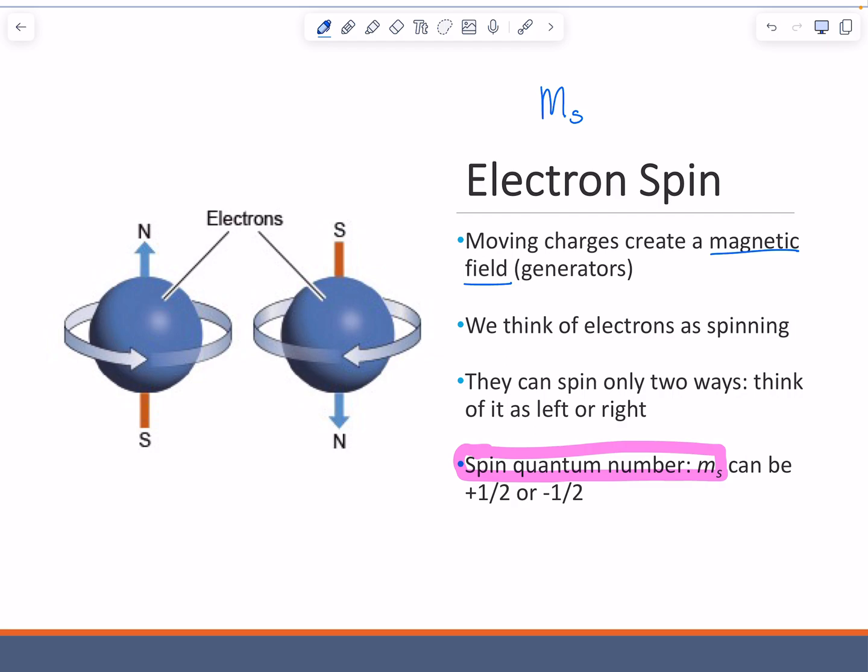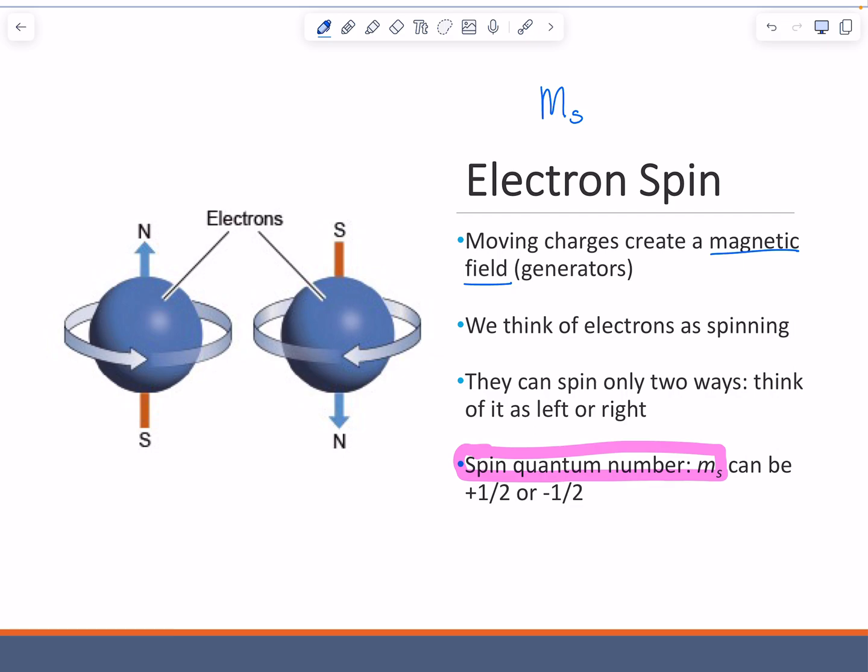But when we talk about an electron spinning, just like the Earth spins on an axis, our electrons spin on an axis. But unlike the Earth, which spins in only one direction, you can have an electron spinning clockwise, or it can spin counterclockwise.